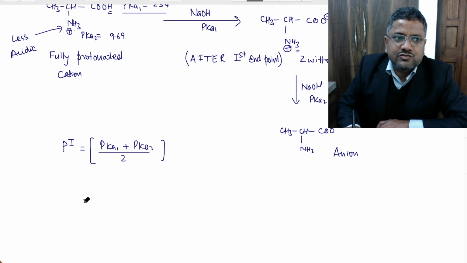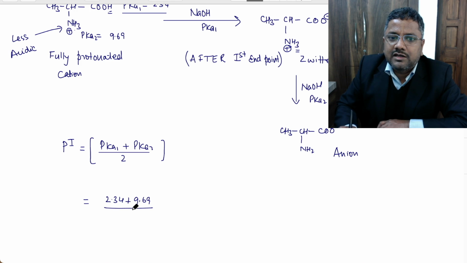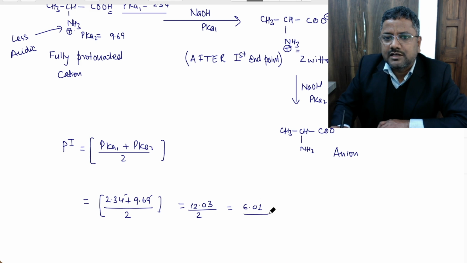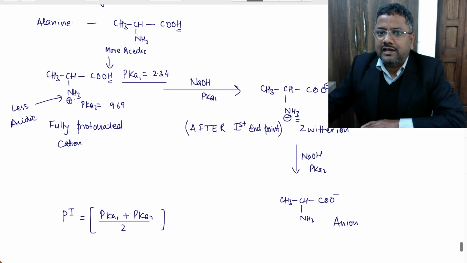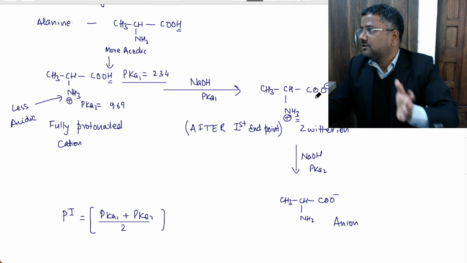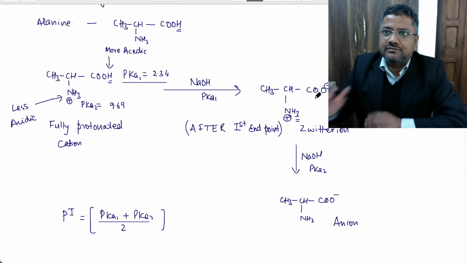So pKa1 is 2.34 plus 9.69 divided by 2. So this is the pI, meaning at this pH your alanine molecule exists 100% in this form, and this will not migrate to either side of the electrode.